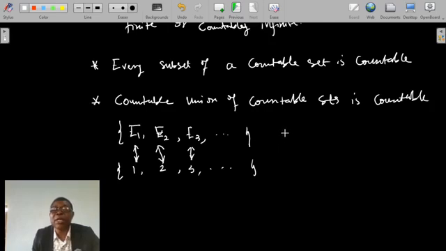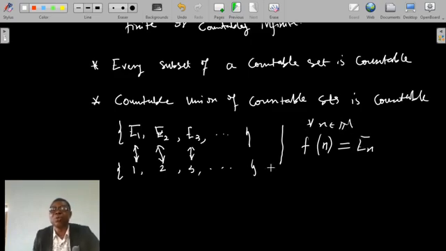So in this case, we have a function f that maps n to En, and this is happening for any n in the set of natural numbers. So this family is a countable collection of sets.